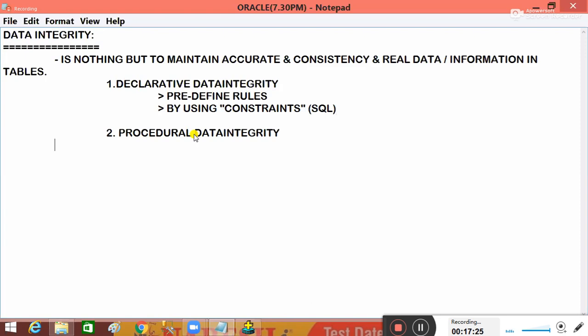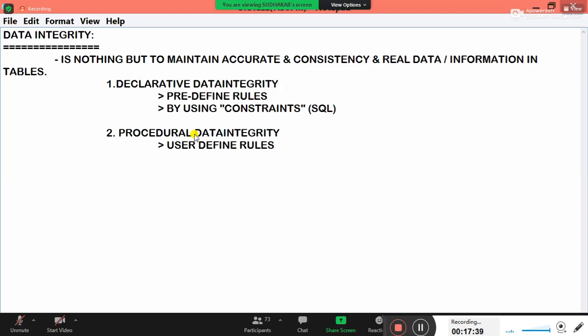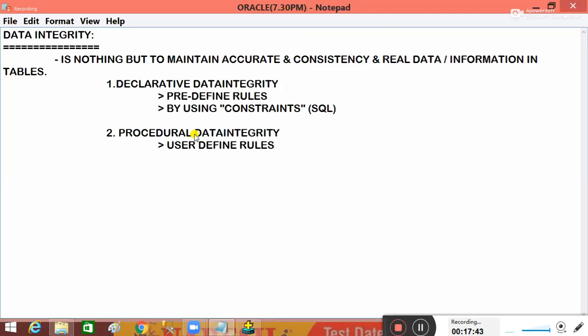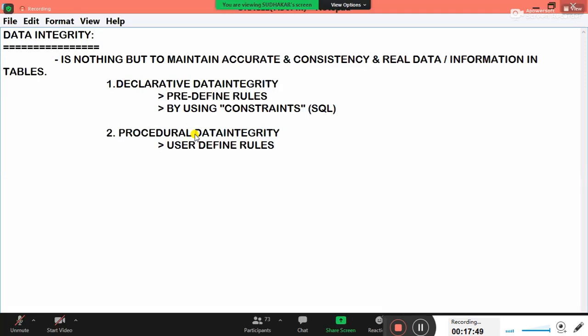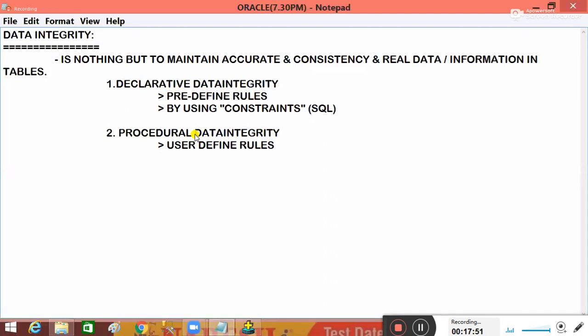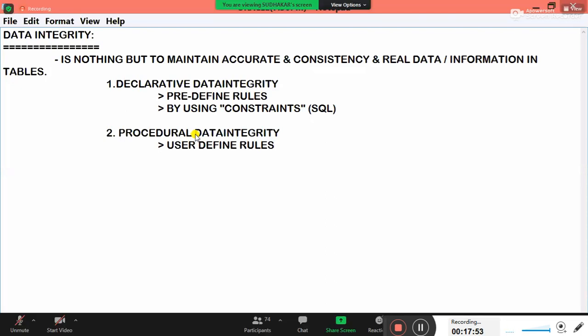Then what about procedural integrity? It is called user defined rules. That means as per user defined business logic conditions and rules, I want to maintain my data in database tables with accuracy, consistency, and realism.